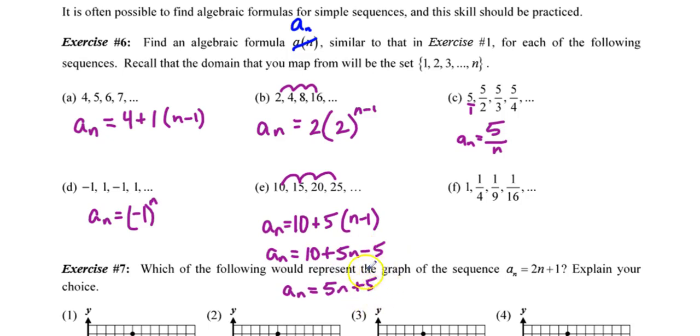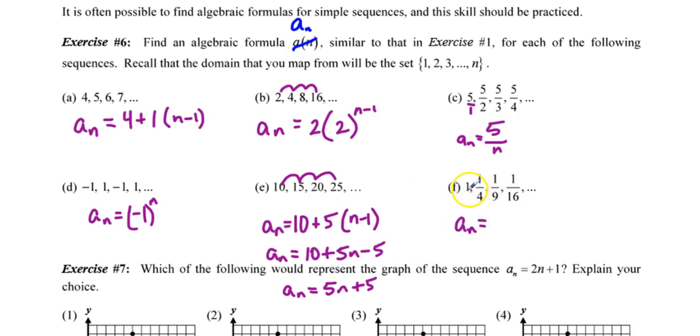This is essentially the y-intercept of a graph of these points if I were to extend the domain to be n equals 0, which is not part of a sequence. I would be going 1 to the left. It would be a 5. Do that similarly here. This would work out to be the same thing.